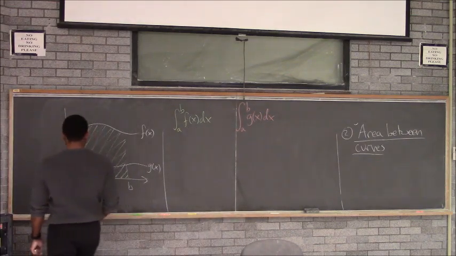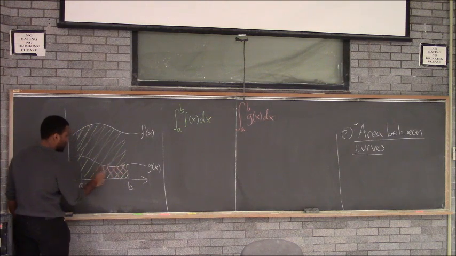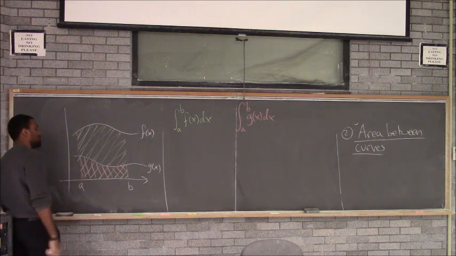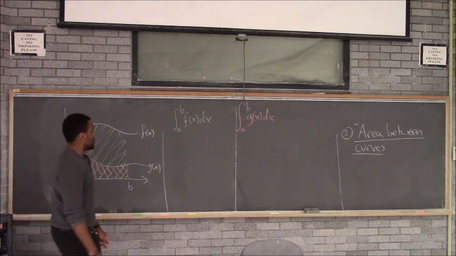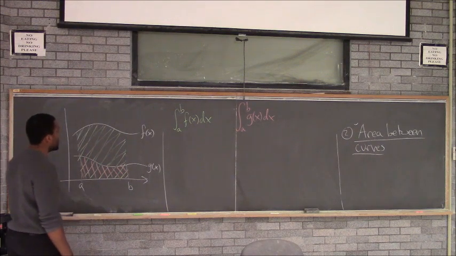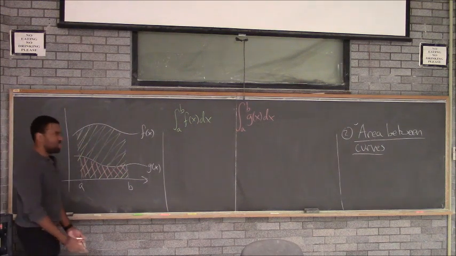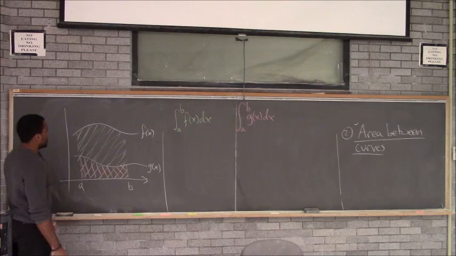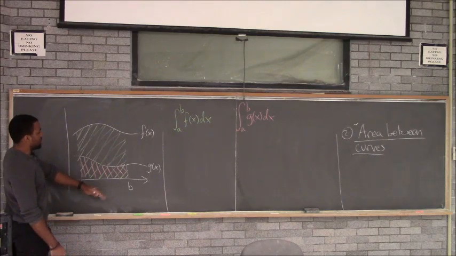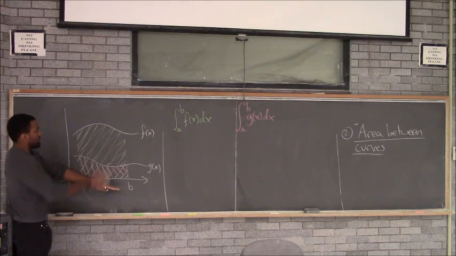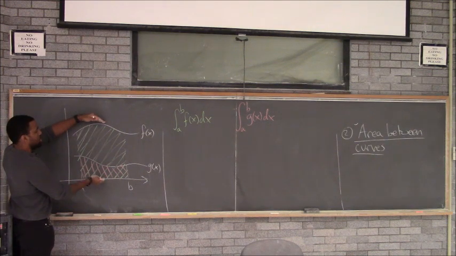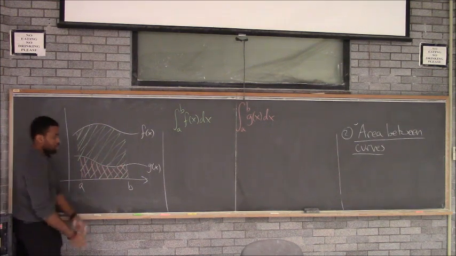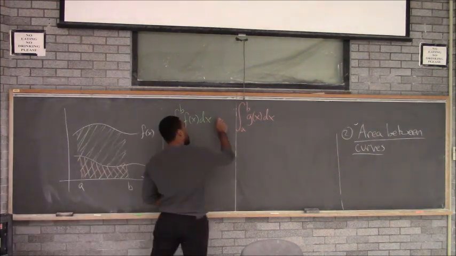And that would be the area here. And just notice to find the area in between, what you would do is you just subtract them, right? So if I can find this area under here, and then that area under there, the area in between is just the big area minus the small area. So a negative sign will come in front of here.